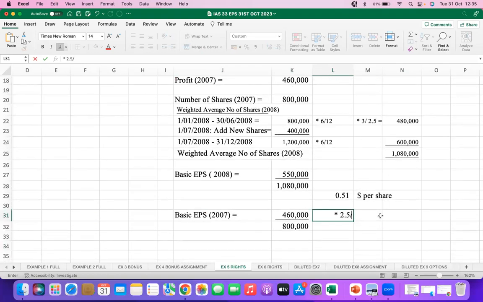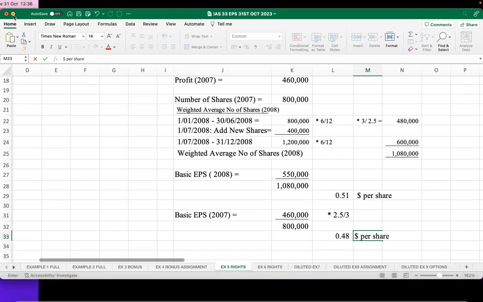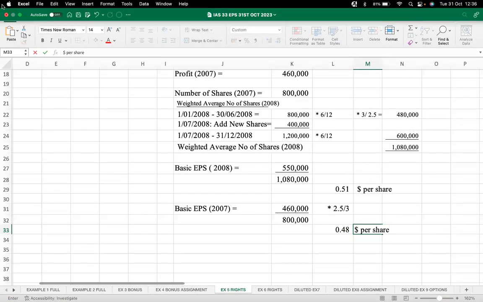So 460 divided by 800 times 2.5 divided by 3 gives you 0.48 dollars per share. And that brings us to the end of basic EPS.